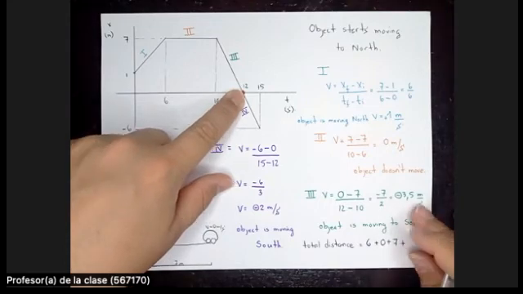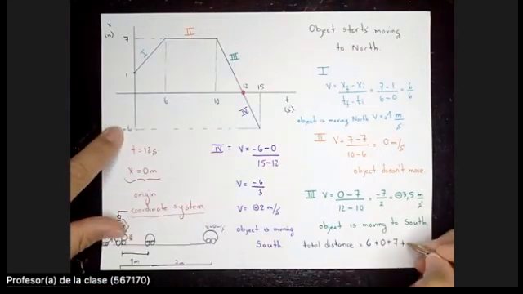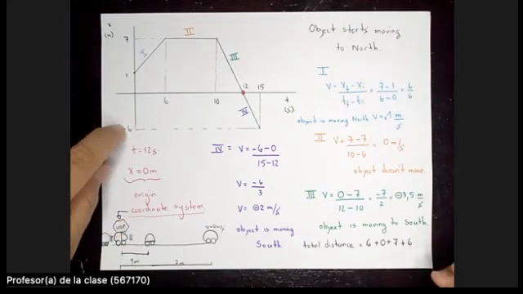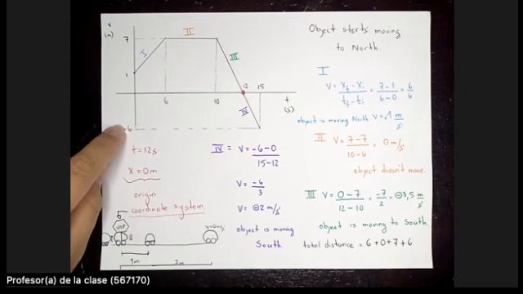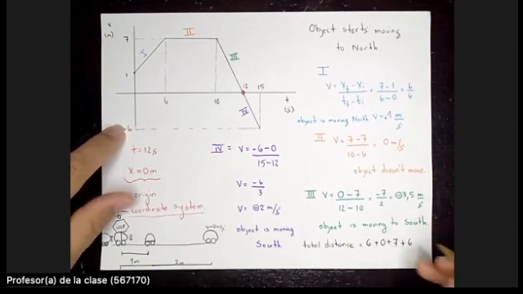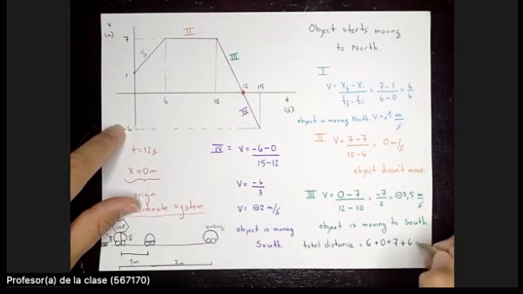And the last is minus 6, that is going to be 6, because remember the distances are always positive. So this is going to be 19 meters.